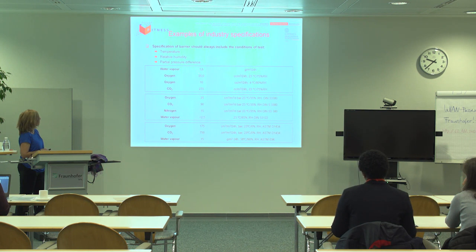So for example, here they say that the material has a water vapor permeability of 1.6 grams per square meter per day, and they don't say at what temperature nor at what partial pressure difference the measurement was made, if it was saturation or air or real conditions, so it's not correct.